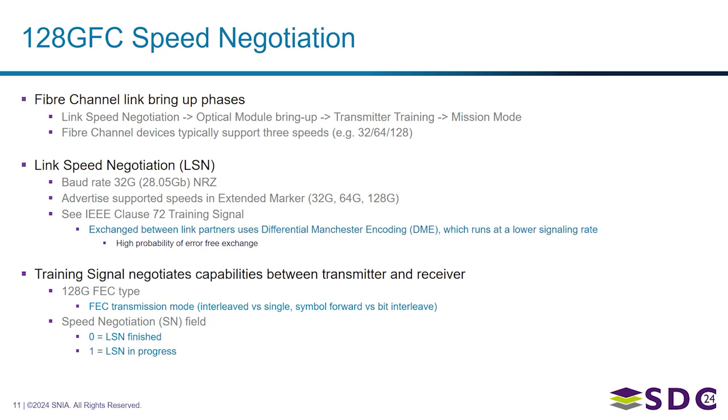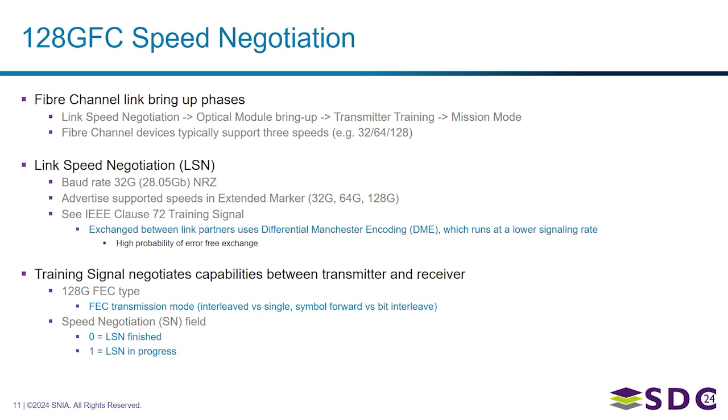In order to be able to bring the link up, one of the other things that is done is at the training level. So when the two sides of the link first come up, we're actually going to run at a slower baud rate. And that allows us to bring the link up from link speed negotiation through optical bring up, and then in transmission training, and then finally mission mode, which is the link is finally up.